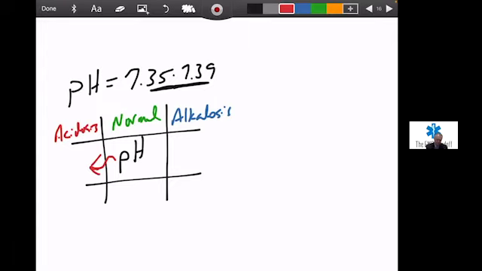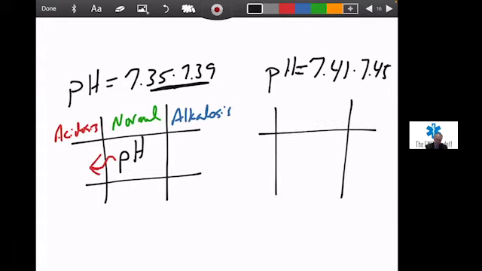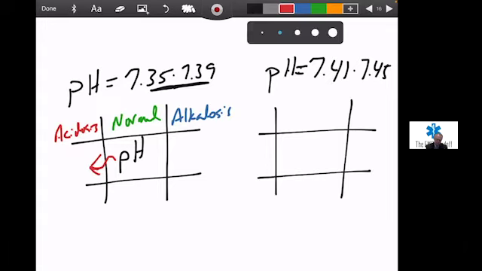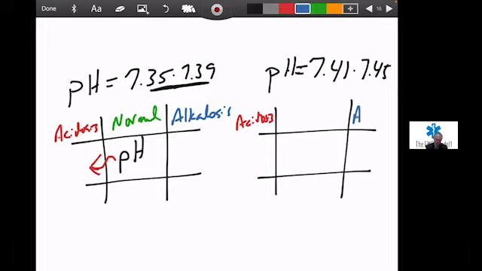If my pH is between 7.41 to 7.45, then thinking about my Tic Tac Toe board, drawing the same thing here: acidosis there, alkalosis there, normal there.